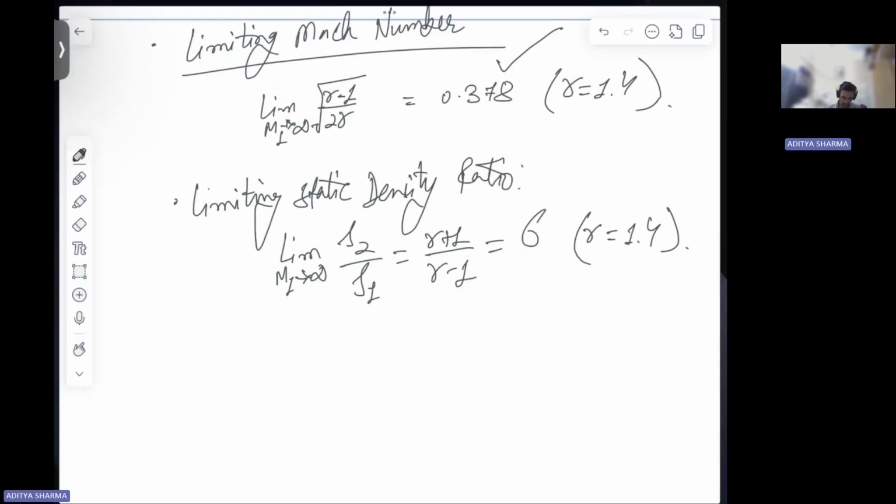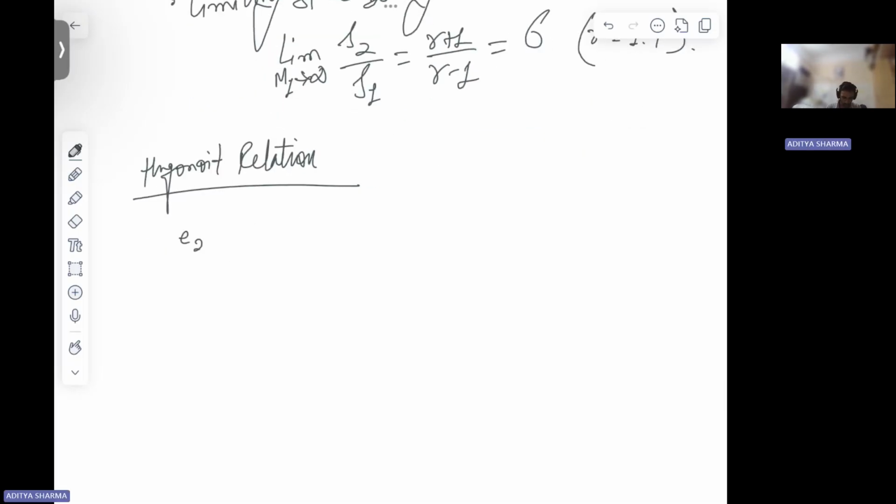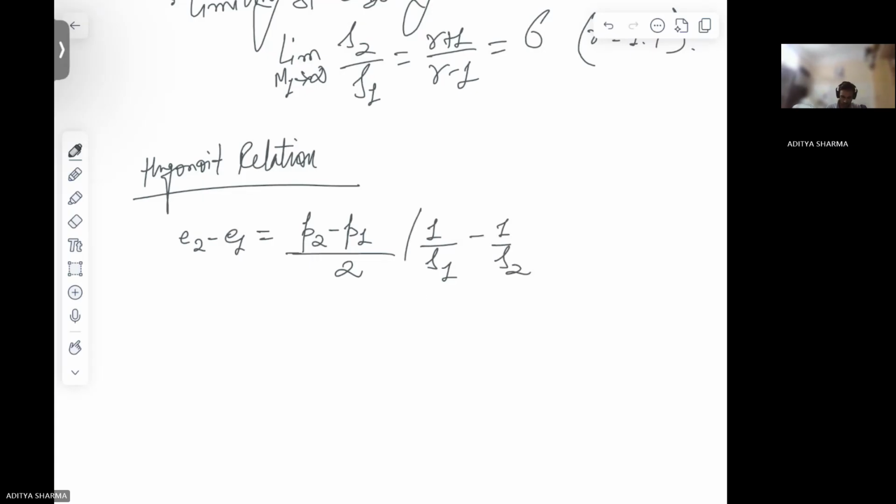Then the Hugoniot relation is there. So first is this. The first relation is this.